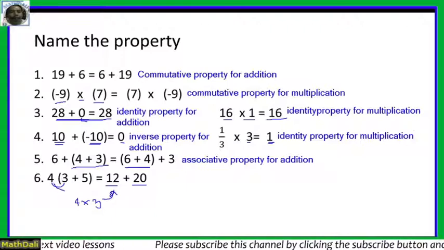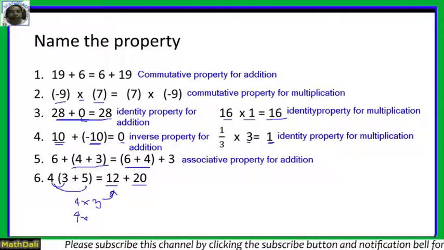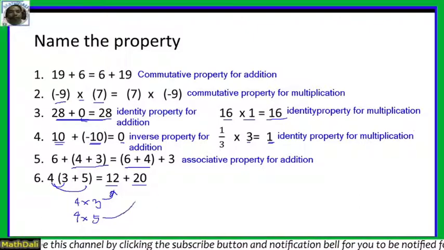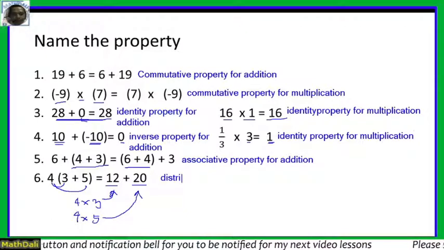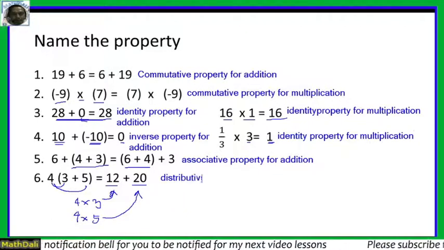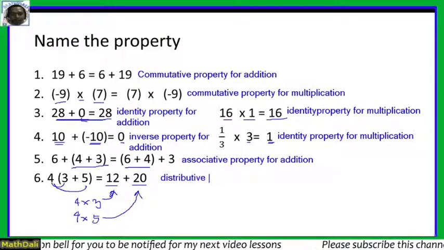Naman, 4 times 5, pag pinag-multiply natin yan, that is equal to 20. Ang tawag dito sa property na to ay distributive property.